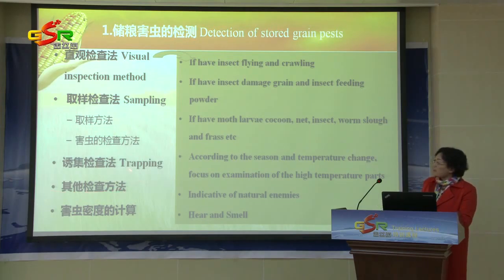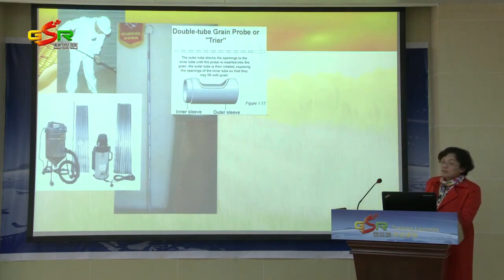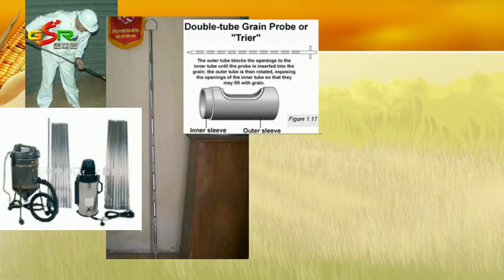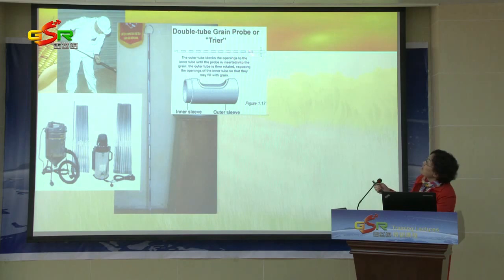Another is trapping. There is another detection method, like this one, which is the most commonly used. Common use is the double tube for green probes or the traps. There are cones, this one.